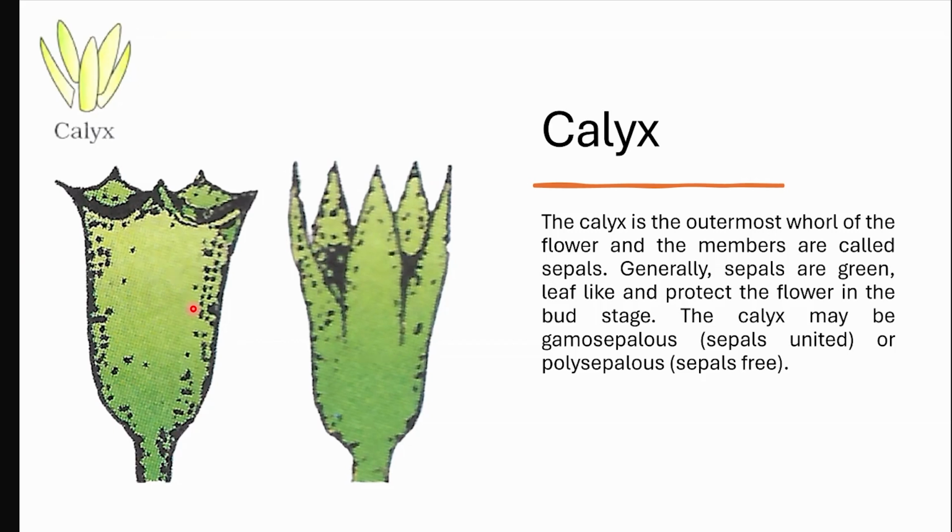So generally, sepals are green and leaf-like and protect the flower in bud stage, right? So what is the use of a sepal? You would have seen, for example, a rose bud or any other flower bud, right? When it is in the bud stage, it looks green, right? Why? Because the sepal is completely encircling it.